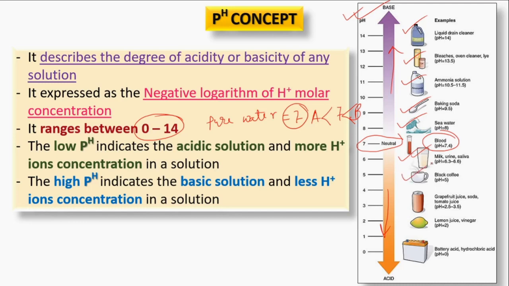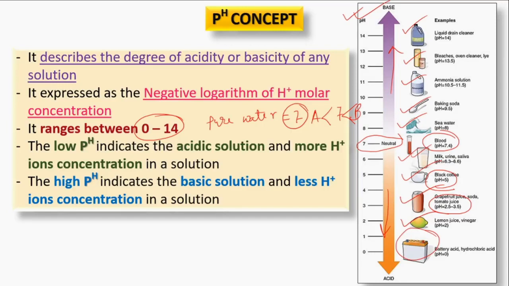Black coffee is again acidic, as its pH is 5. Grapefruit juice, soda and tomato juice are also acidic, ranging from 2.5 to 3.5. Lemon juice is 2, and battery acid has the highest acidity because it shows a pH of less than 1.